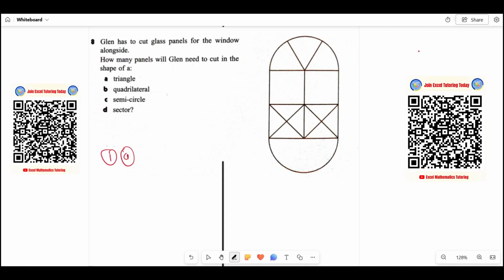So how many triangles can you see here? 1, 2, 3, 4, 5, 6, 7 and 8. So 8 triangles.